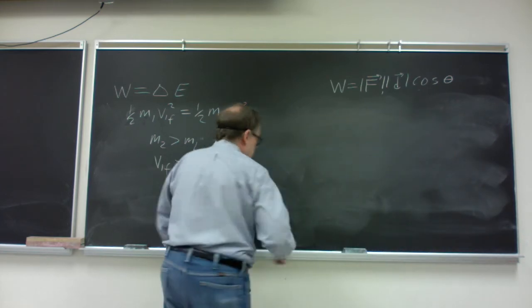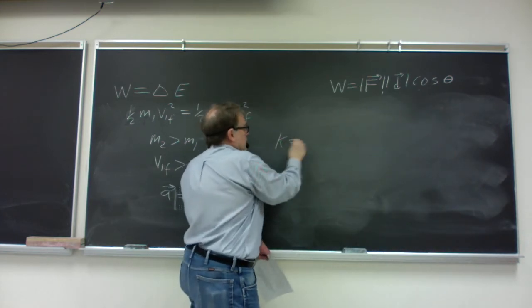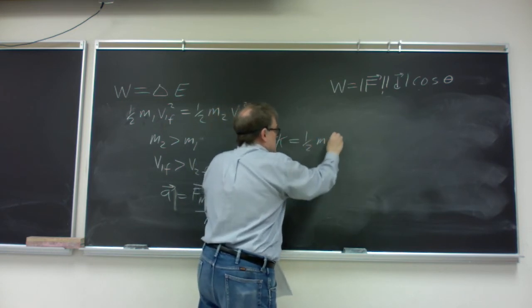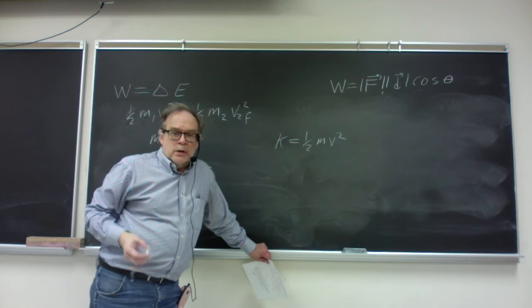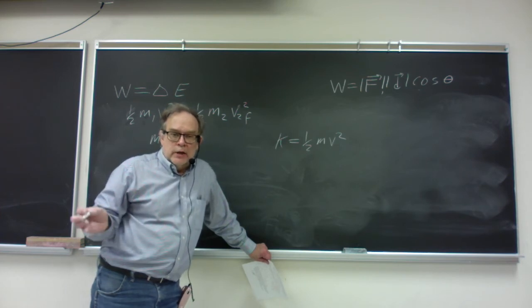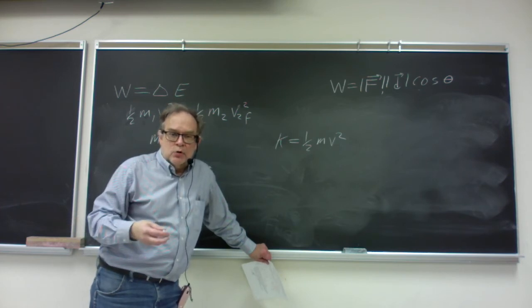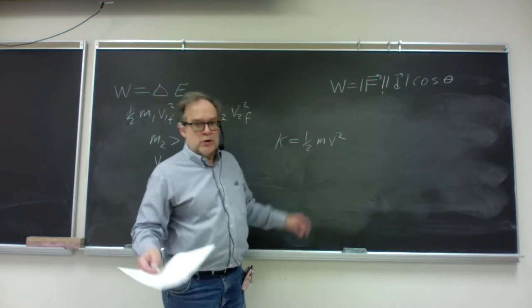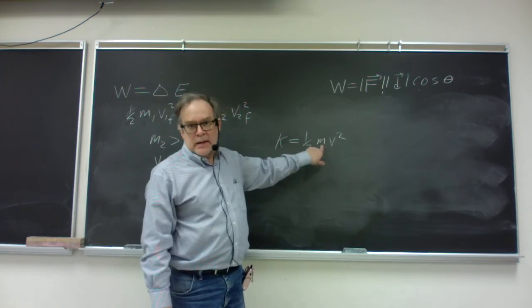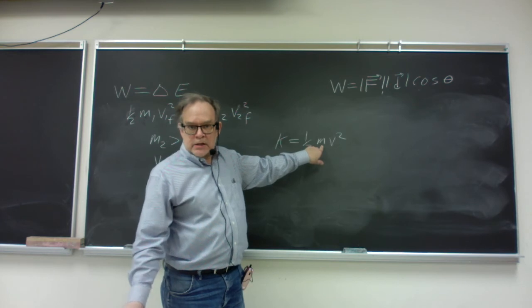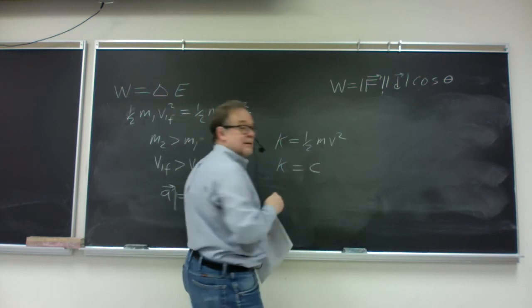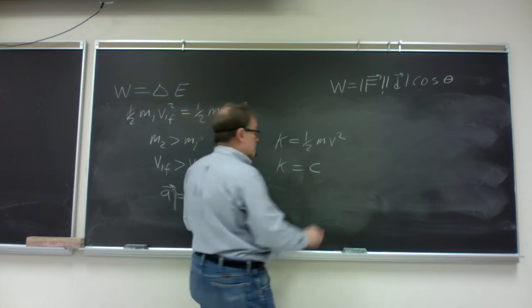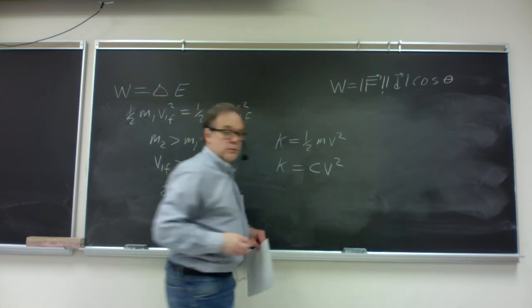So kinetic energy looks like that, 1/2 mass velocity squared. If we're talking about just one object and looking at how its speed changes as time goes by, then of course, since we're always looking at the same object, that mass factor is constant. So what we have here is kinetic energy equal to constant factors times a variable, v squared.